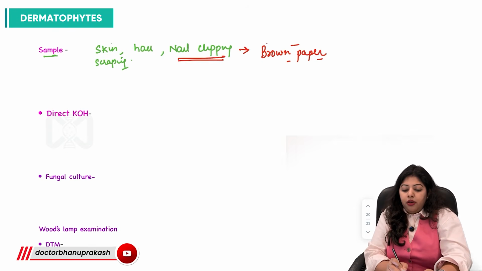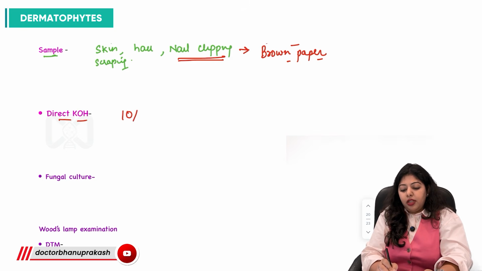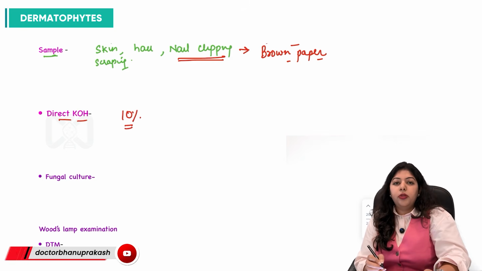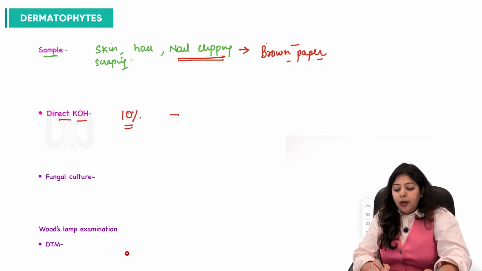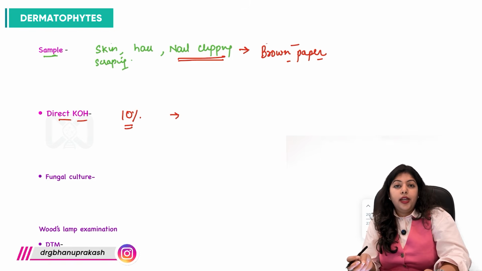Now for the direct KOH mount, we said we require a particular concentration, right? 10% KOH is the most common concentration that we require, but for certain harder structures which are hard to dissolve, we require a longer contact period and then a higher concentration.